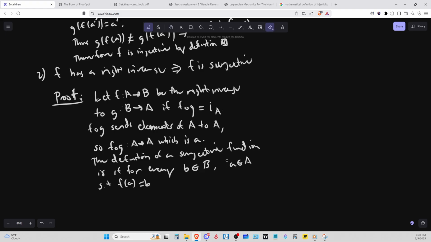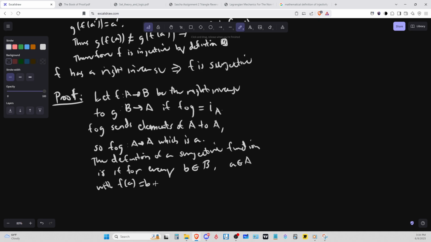There we go. I already wrote that. Okay, so that's the definition of a surjective function. So now we've got to actually use this.